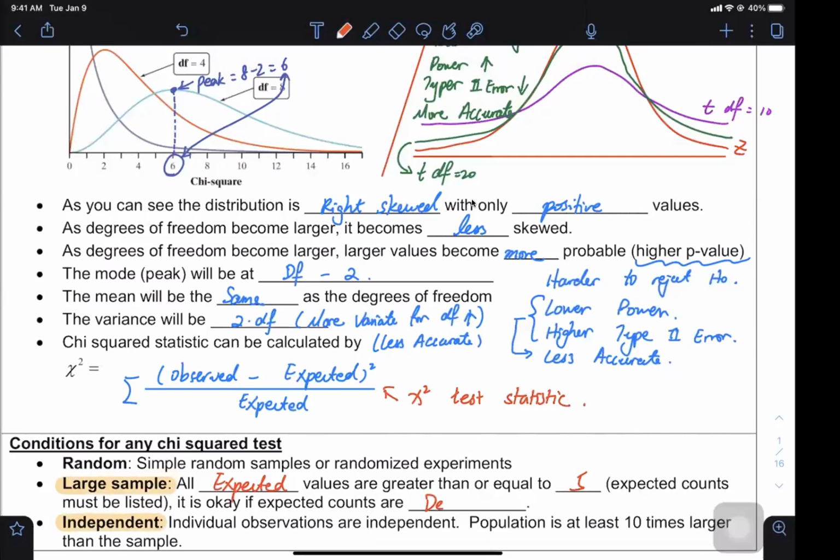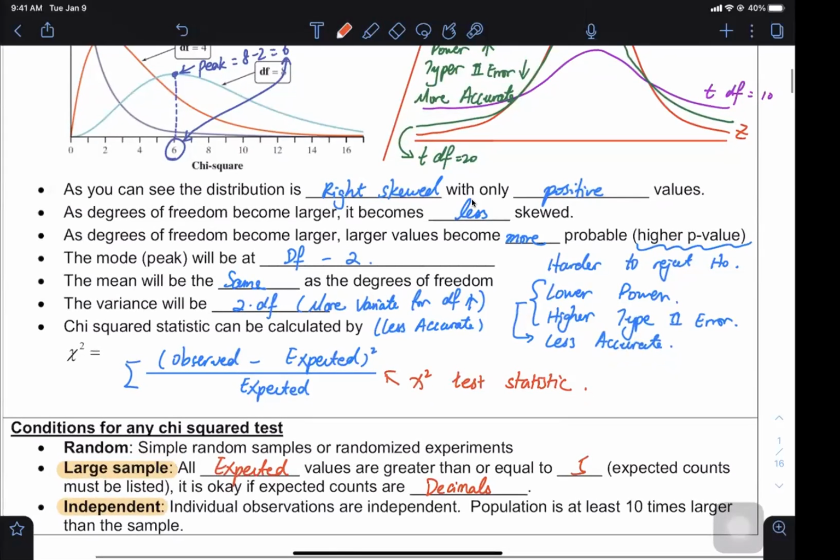And it is okay if our expected counts are in decimal points. And then for independence, again, make a reasonable assumption that our population size is greater than 10 times the sample size. So these are the 2 conditions we need to check for a chi-square test.